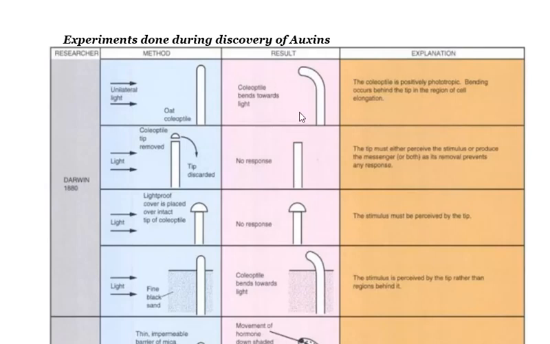The coleoptile bent towards the light, and the explanation of this phenomenon is that the coleoptile is positively phototropic. Bending occurs behind the tip in the region of cell elongation. So according to this experiment, the distribution of auxin from the tip downwards tends to escape the side of light.